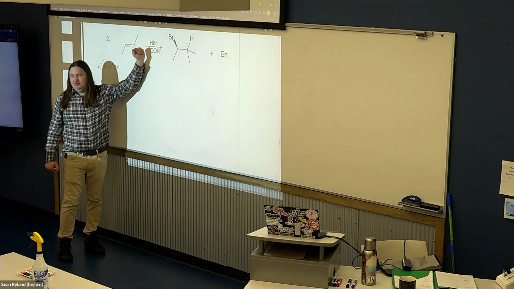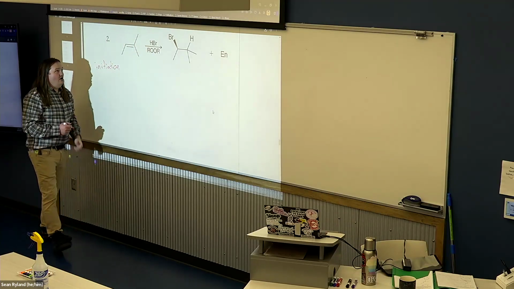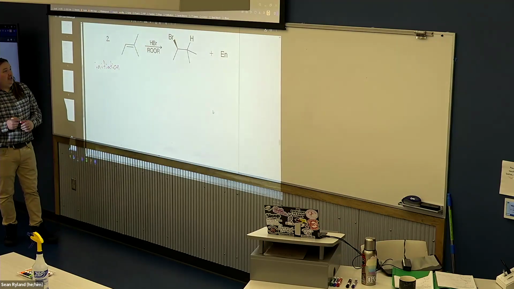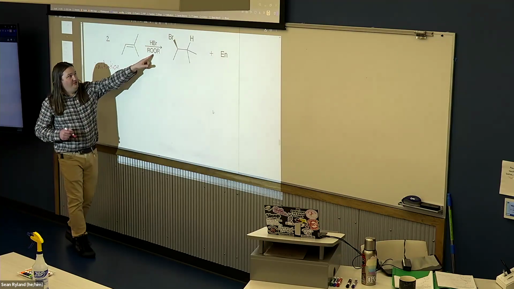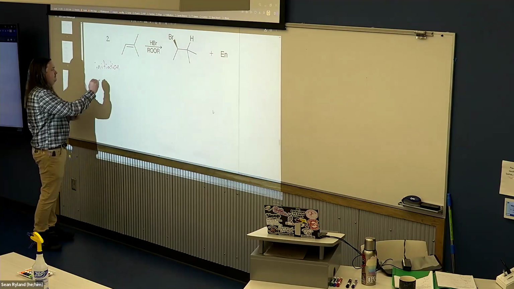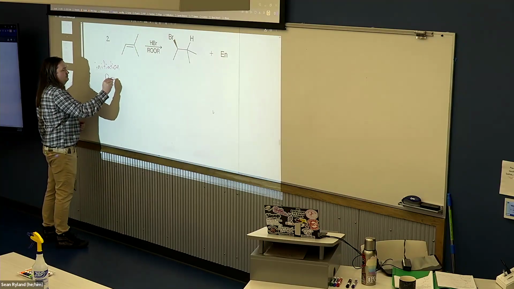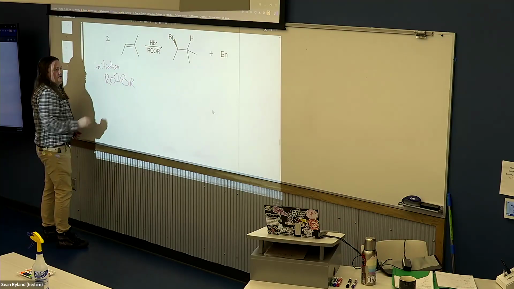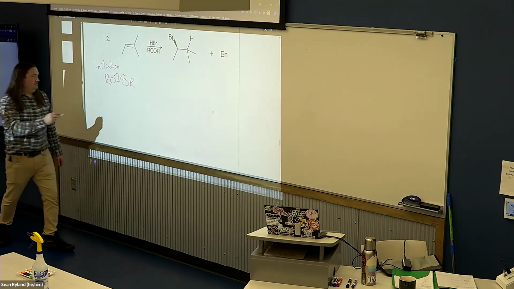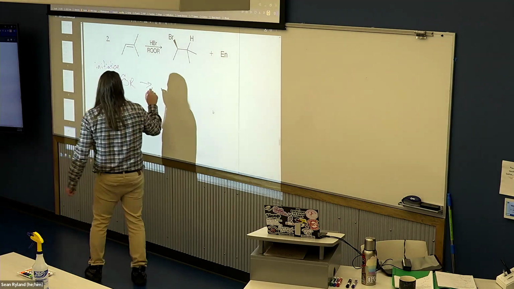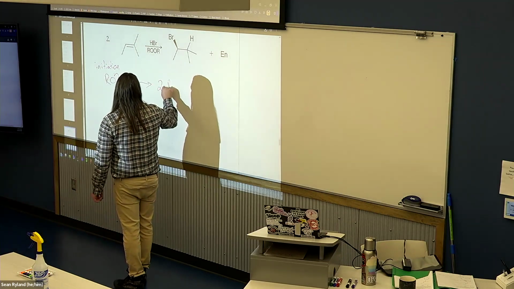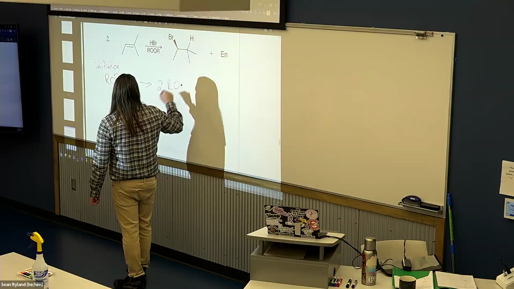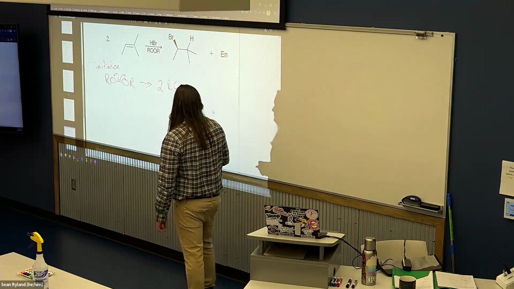So, anti-Markovnikov HBr edition. Our initiation is actually going to be splitting up the peroxide. So it looks something like that. We'll get 2 oxygen radicals.